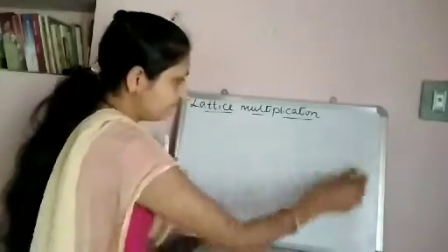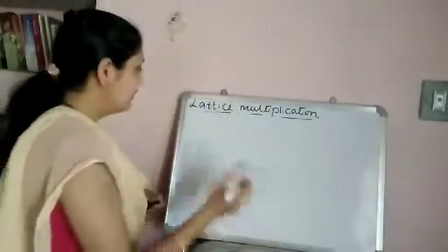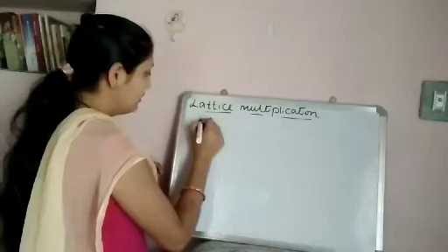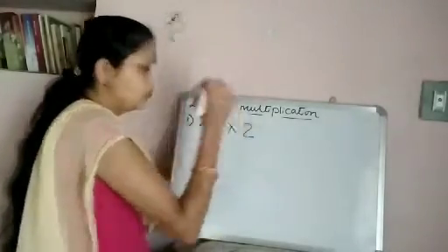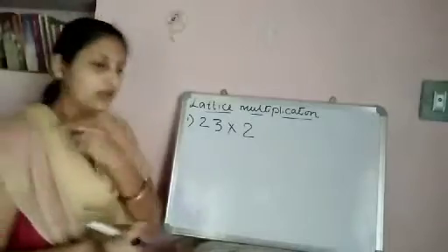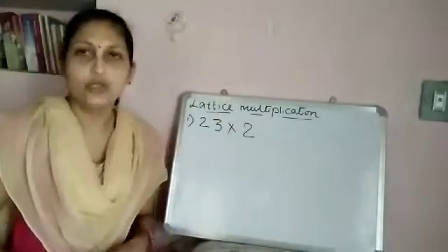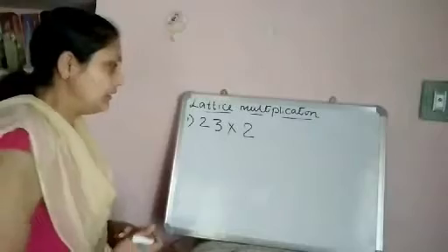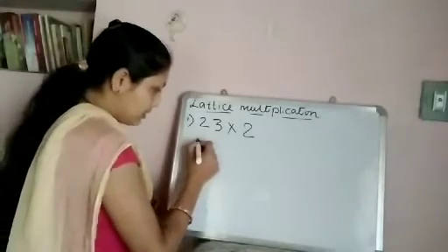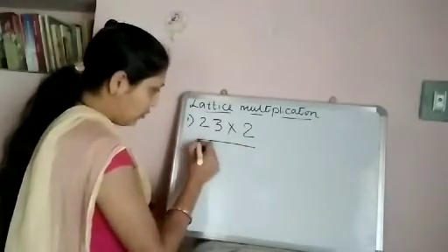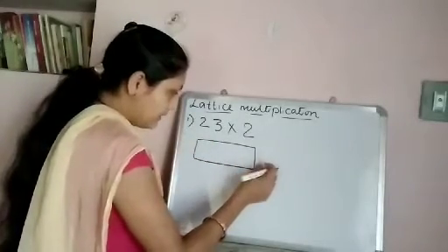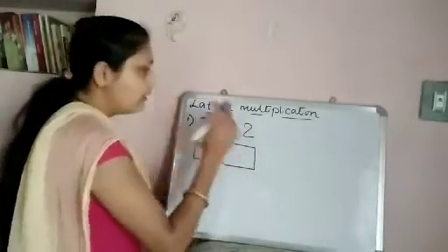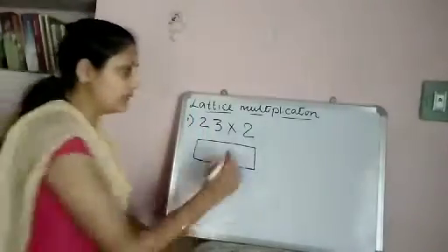So what we'll do here is, let us take an example: 23 into 2. So this has to be multiplied now. What we do is draw a row consisting of as many numbers as the multiplier is. So multiplier means this one.